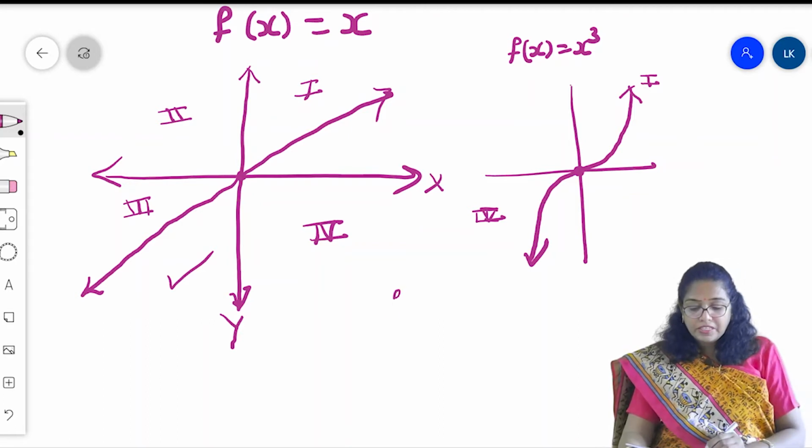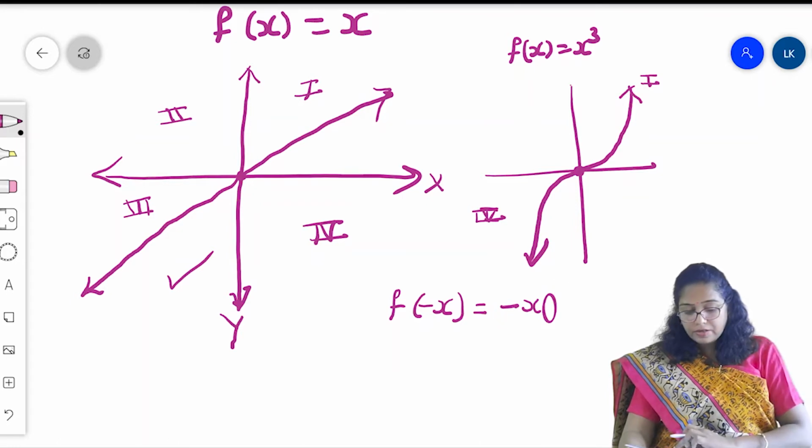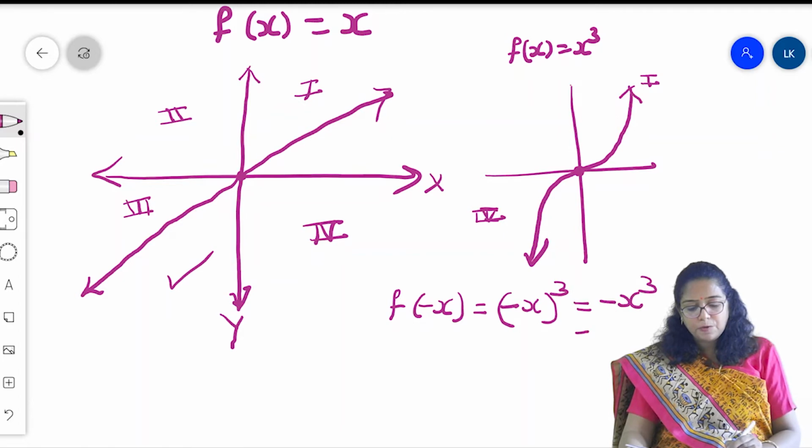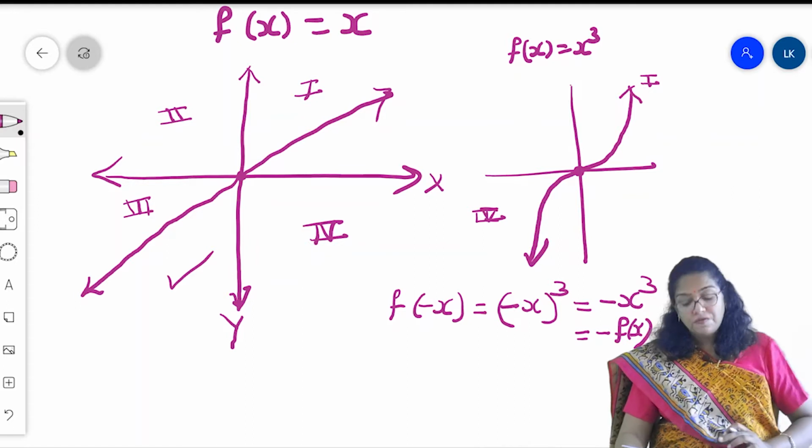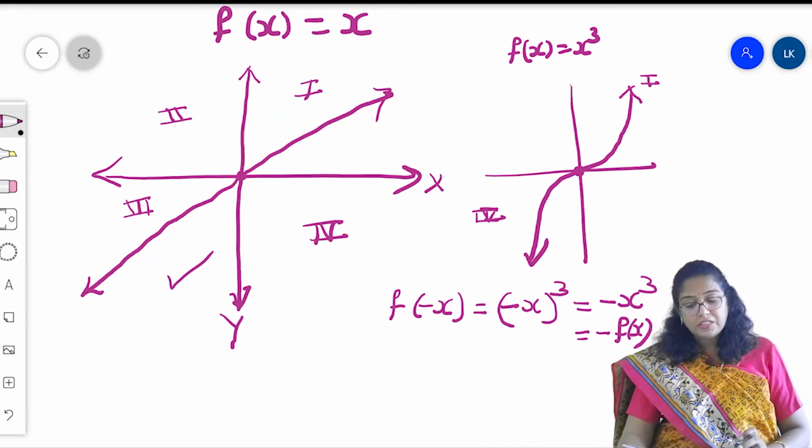It satisfies the condition: f of minus x is minus x whole cube, and it is nothing but minus x cube. Minus as it is, and f of x is x cube. Clear? By definition also we can say it is odd.